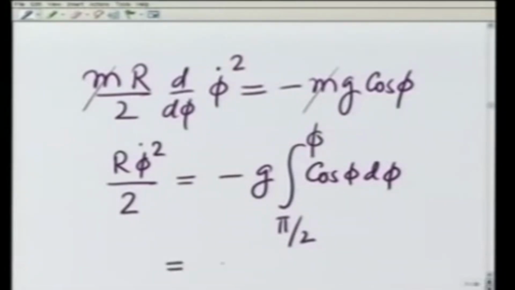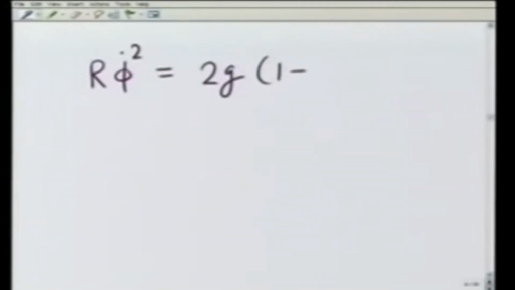This gives me this equal to g times 1 minus sine of phi, and therefore the result that I have is R phi dot square is equal to 2g times 1 minus sine of phi.